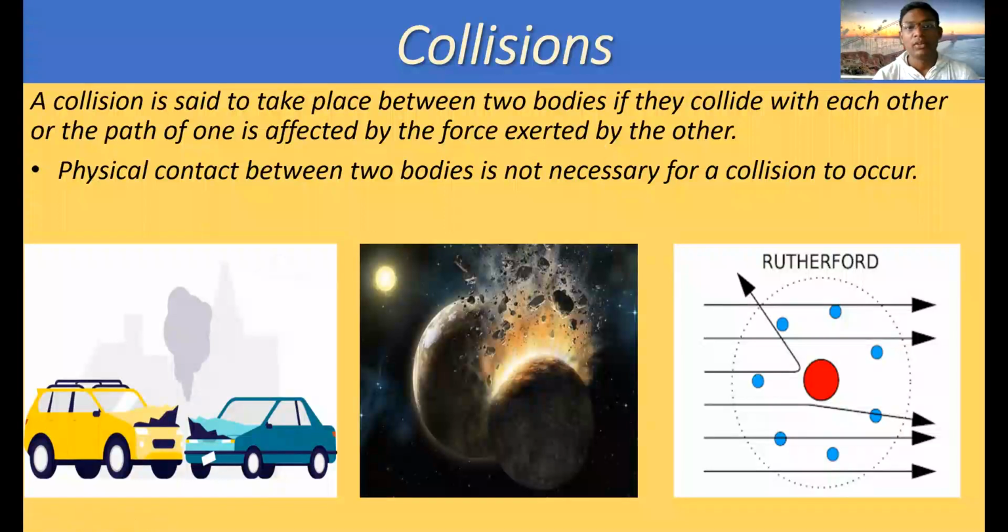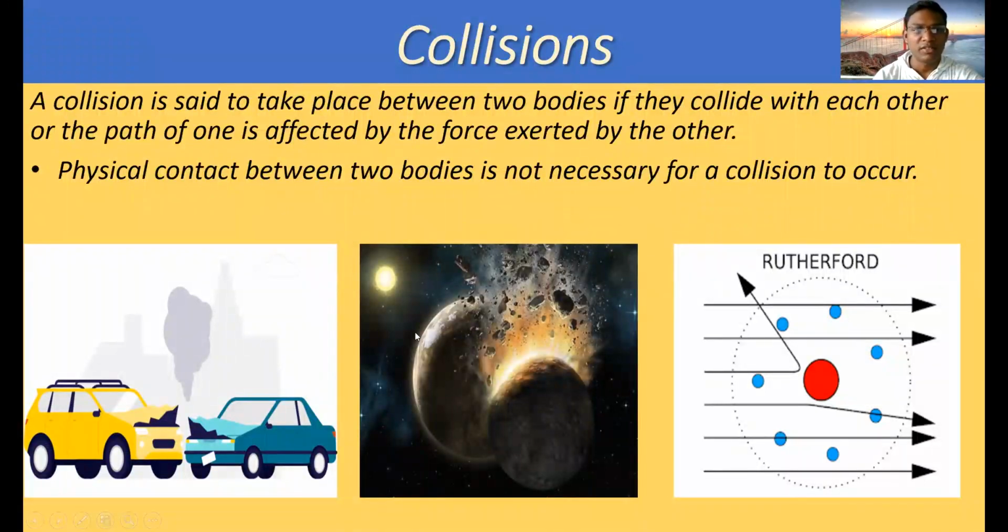Like two magnetic poles: if two magnets are brought closer and their poles are the same, they will repel each other, they will not strike each other. So the physical contact between two bodies is not necessary for a collision to occur. Every time, physical contact is not necessary.